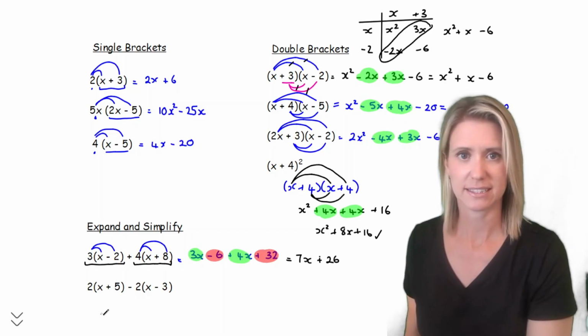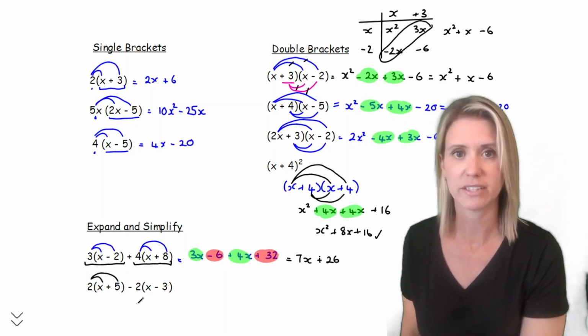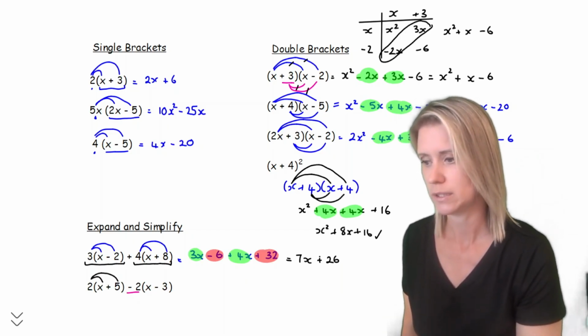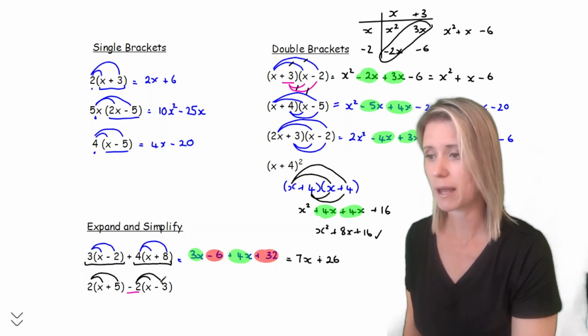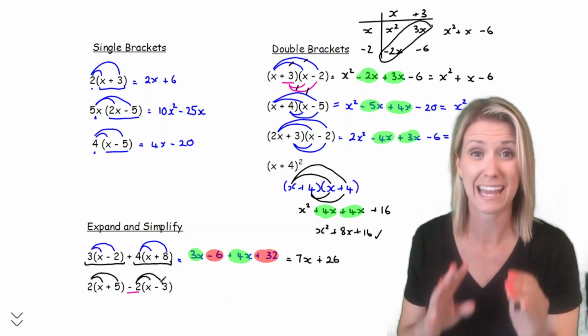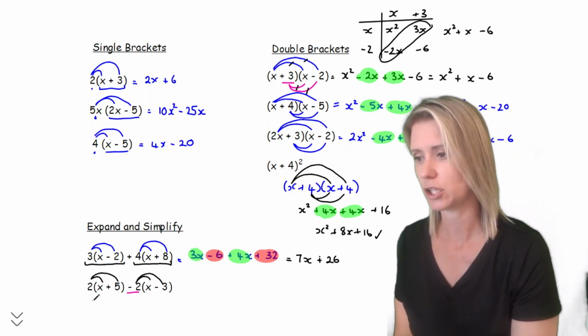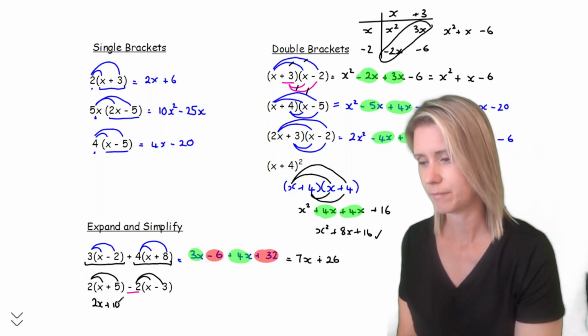However, look at this error that people make. 2 times x is fine and 2 times 5 is fine. But now we have negative 2 multiplied by x, and we have negative 2 multiplied by negative 3. Be careful with your negatives here. 2 times x is 2x. 2 multiplied by 5 is 10.